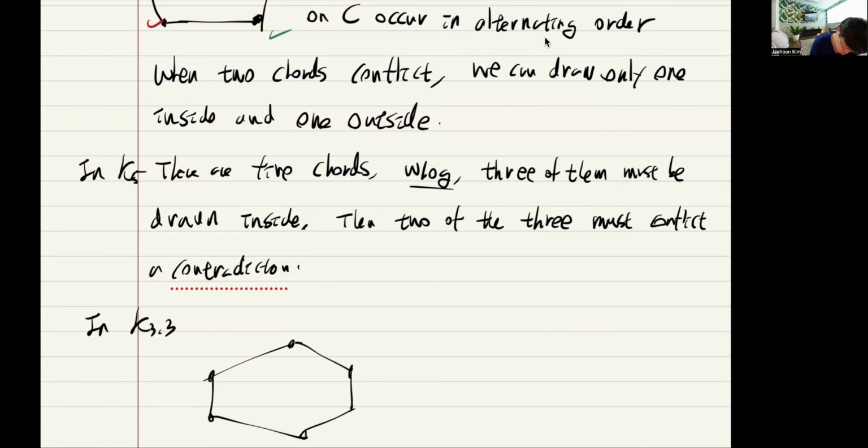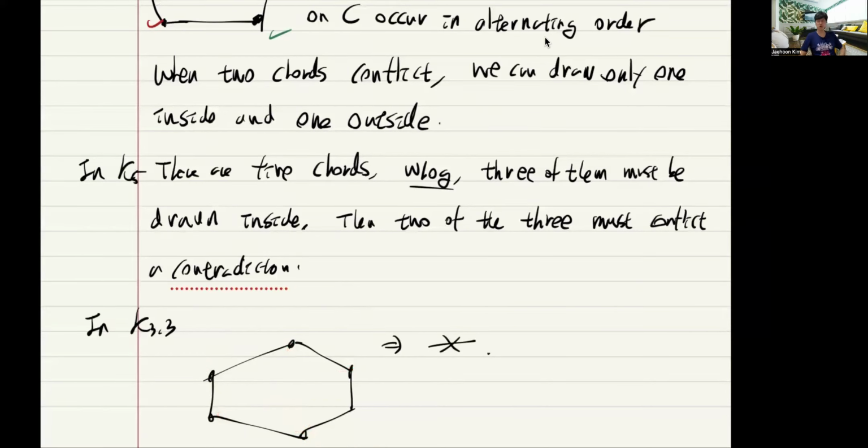how do you know? You have to draw three chords. And inside, you can draw at most one chord. No matter which chord you draw, the other chords you cannot draw. Outside, you can draw one chord, the other chord you cannot draw, but there are three chords. So, again, this is a contradiction in the same way.